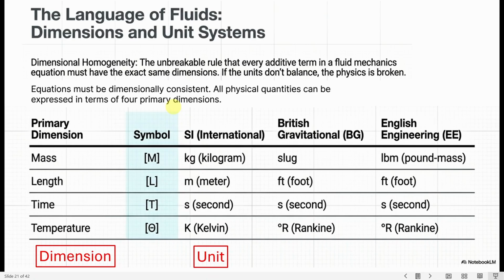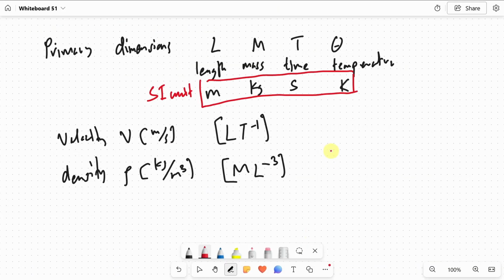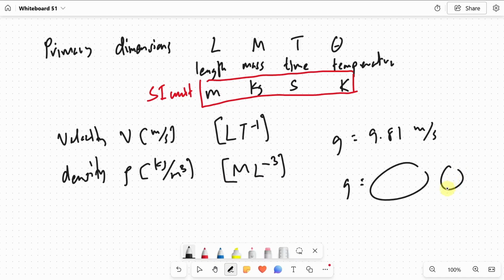For example, gravitational acceleration in the SI unit is 9.81 meter per second squared. But if you're using the British system, we have another value and another unit, which I do not remember. So when you look at any problem, you have to make sure that you identify what kind of unit system you use. And for our purpose, most of the systems that we use are SI units.